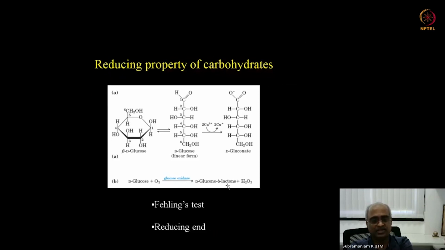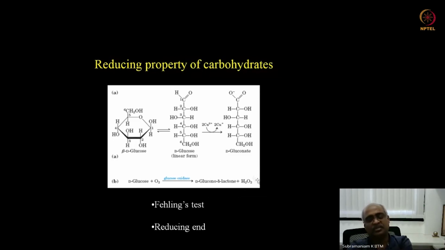You get the gluconolactone. The other product formed in this is hydrogen peroxide, which can be converted with the help of another enzyme, and that reaction can result in a colored product, and that is what we measure using the peroxidase enzyme.